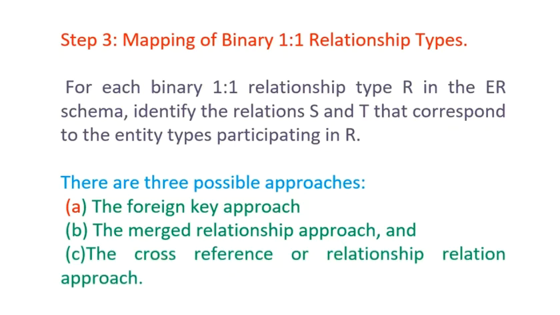In the third step, mapping of one-to-one relationships, for each binary one-to-one relationship type R in an ER schema, we have to identify relations S and T that correspond to the entity types participating in the relationship.